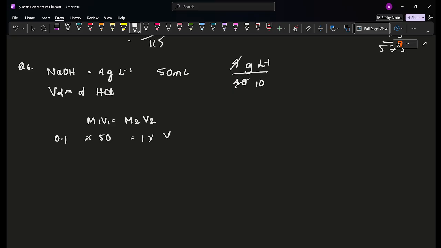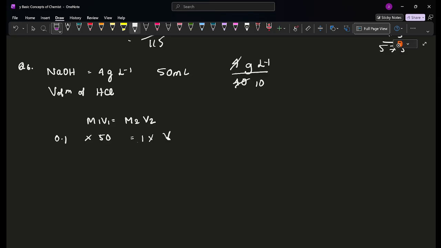Now, what they've asked is how much is the volume required to neutralize it. Moreover, at standard temperature and pressure, the volume is 22400 ml. They've basically multiplied that with the STP volume to get the answer. I still don't get how.